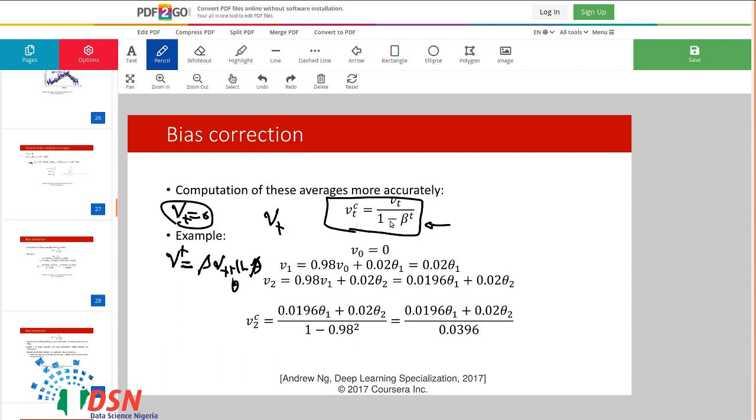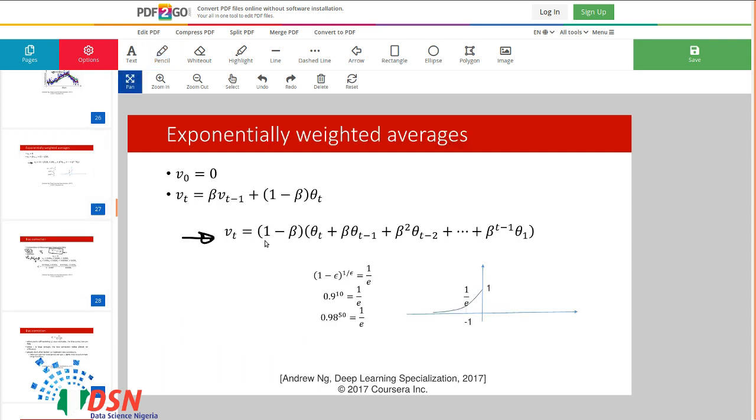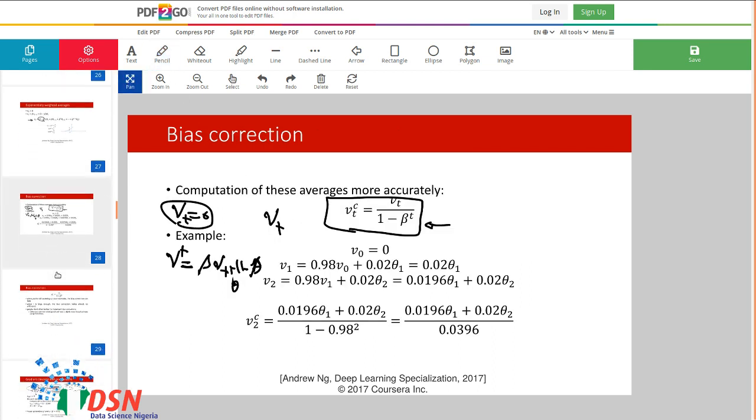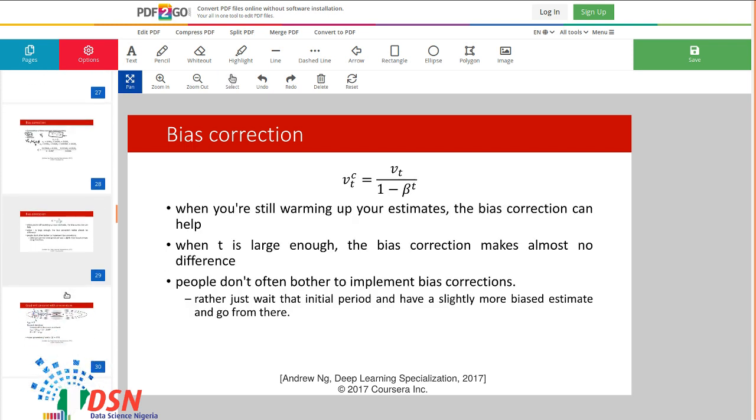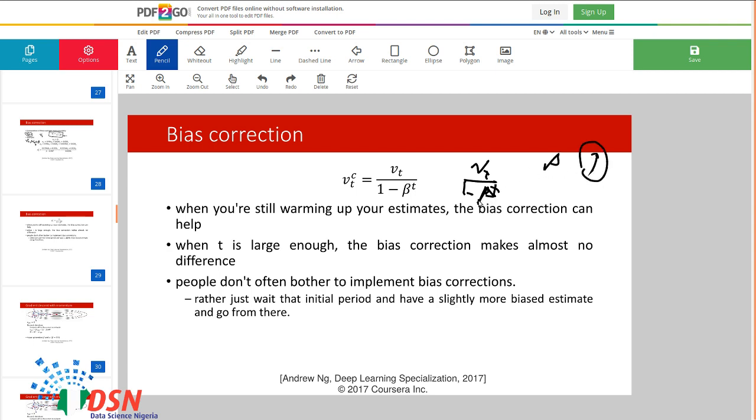If you note that, you could see that it is equal to this factor here. In the first step you have 1 minus beta, which was that factor that I mentioned. And for large t, because beta is less than 1, this term will be approximately 1, then you just have v of t.